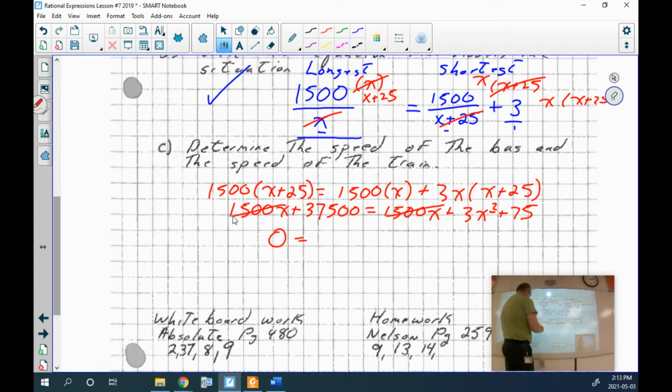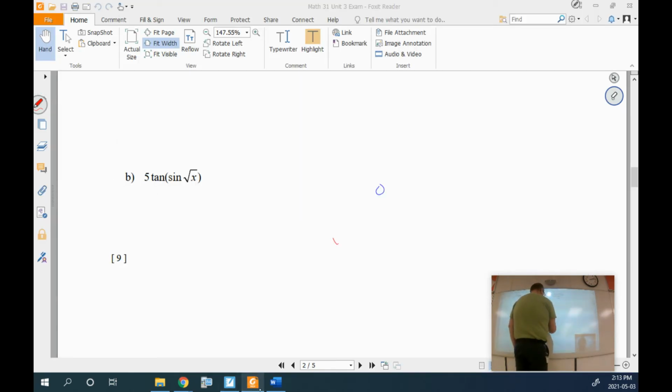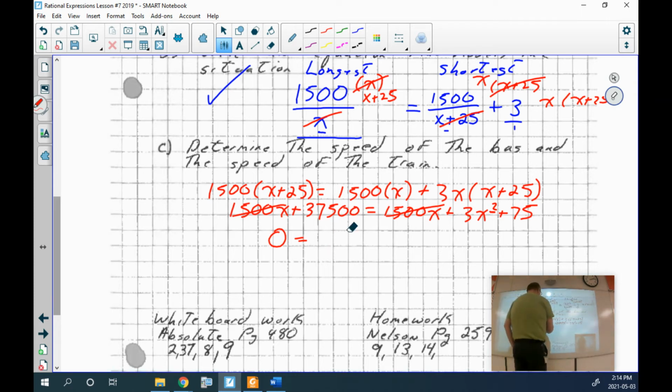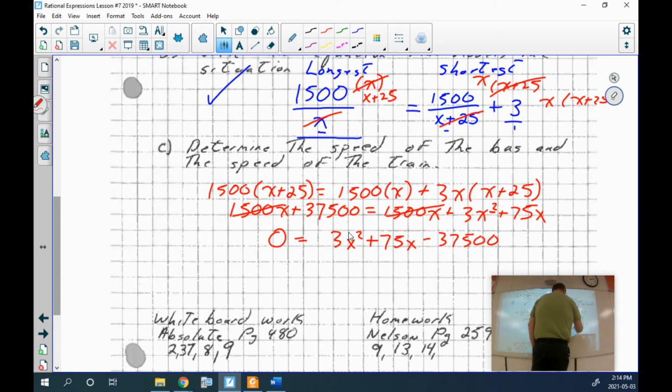Subtract 37,500 from both sides, 3x squared plus 75x. We lose an x there, please don't do that. And then minus our 37,500.